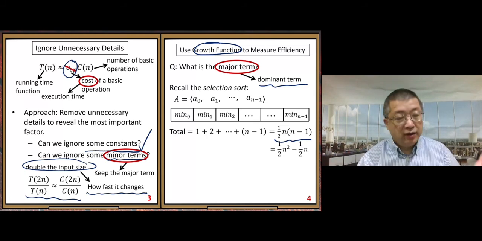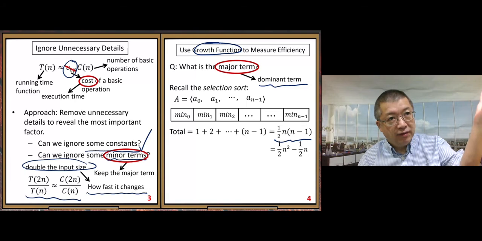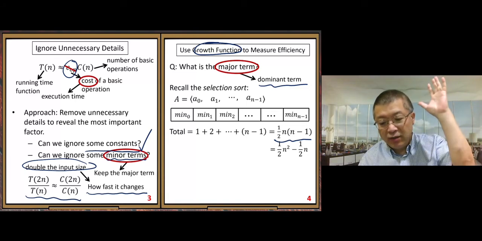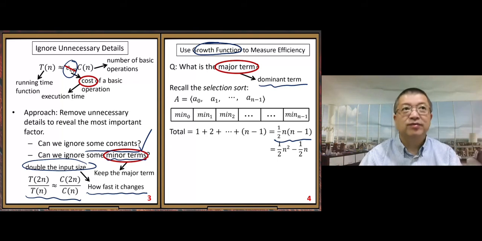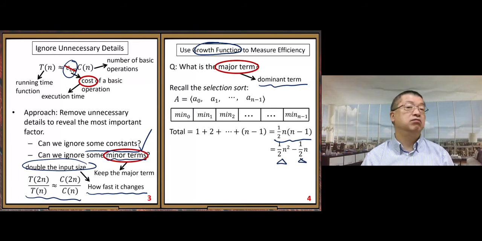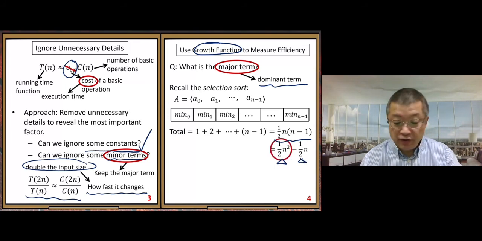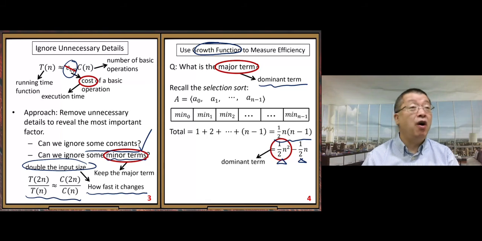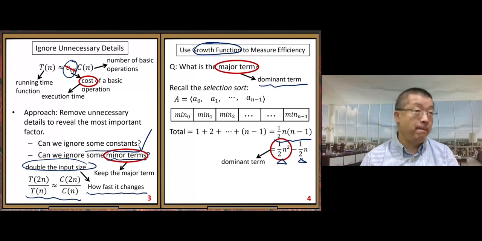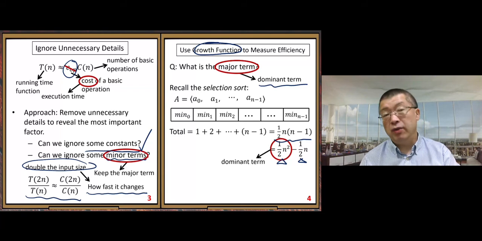The first one, 1/2 n squared. The second term, minus 1/2 n. Here you can see the first one is the major term, the second one the minor term. The first one we can also call the dominant term. Why dominant? The first one dominates the second one.